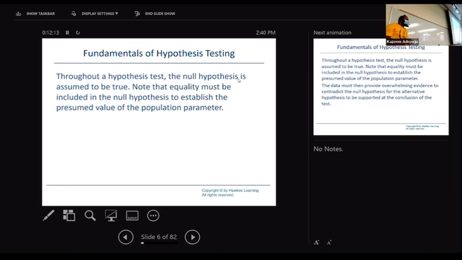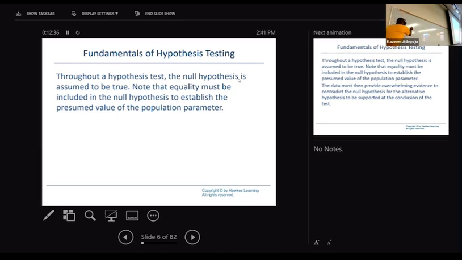This is the strategy. If I identify my alternative hypothesis, then I will be able to get my null hypothesis. For instance, if my alternative is not equal to, the direct opposite of not equal to would be the symbol in the null. It means this is always going to go with that.